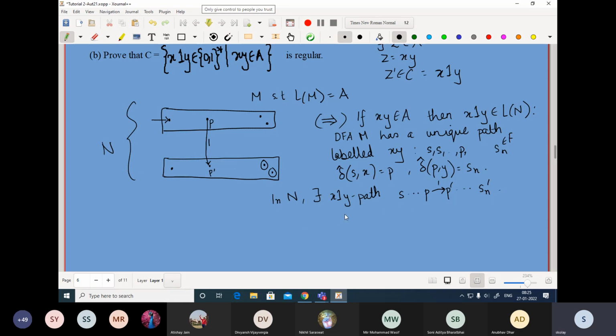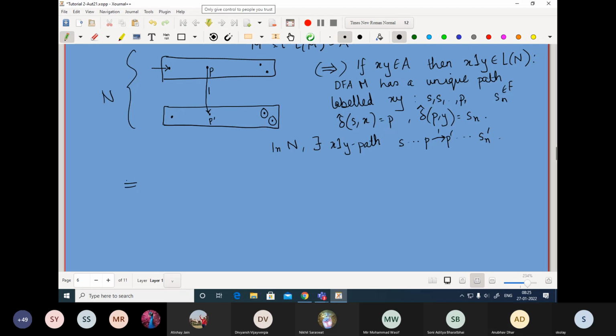Yeah, okay. Now in the other direction. Yes, ma'am. We can say that to traverse from the start vertex S to Sn dash, we have to take one of these newly defined transitions from P to P dash, and it should be taken exactly once. There exists exactly one new 1 transition.